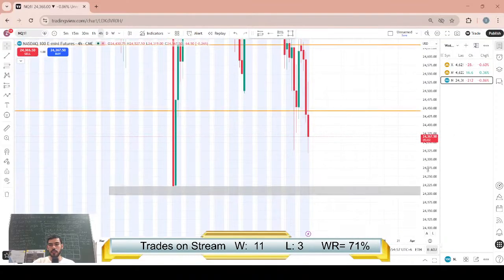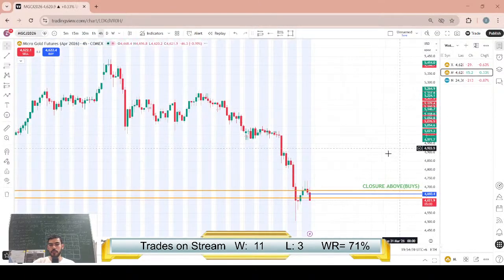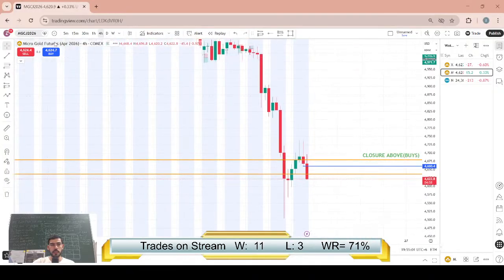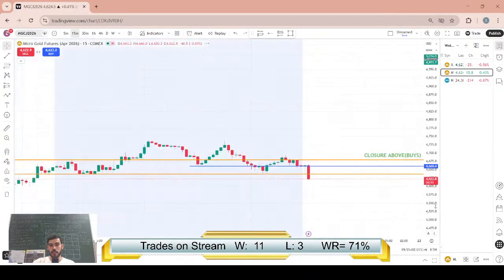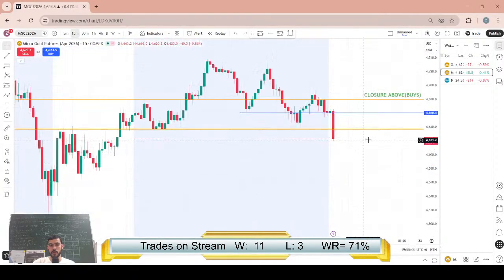I believe this new 4-hour will be very interesting. A very interesting trade on this new 4-hour candle, which is going to close in about 5 minutes.